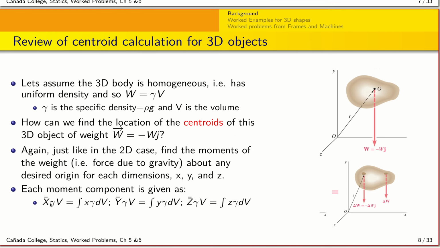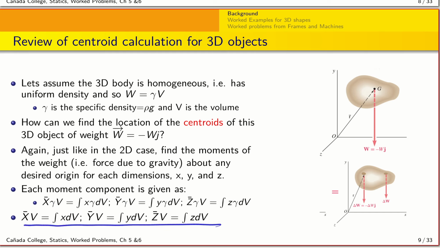Just like in the 2D case, we write down the first moments for each of the coordinates, but now I'm going to replace the w by gamma times v, and you can see now throughout that the gamma just cancels out because it's a constant, and what I'm left with is basically the definition of the first moment to calculate the centroids. So the centroid here is x bar. It's going to be the integral of x dv over v, right? And so on and so forth. So this is really what we're going to be using for the two problems that we're going to solve.